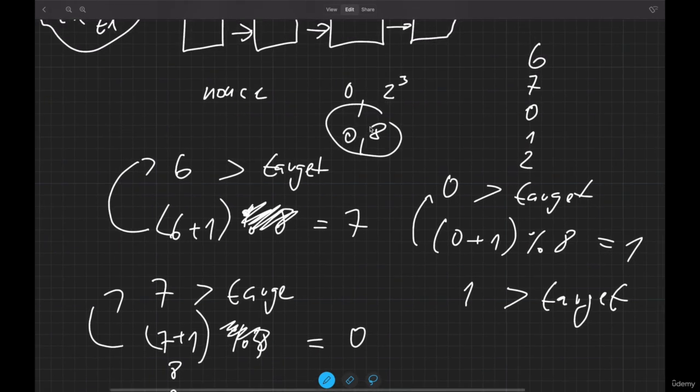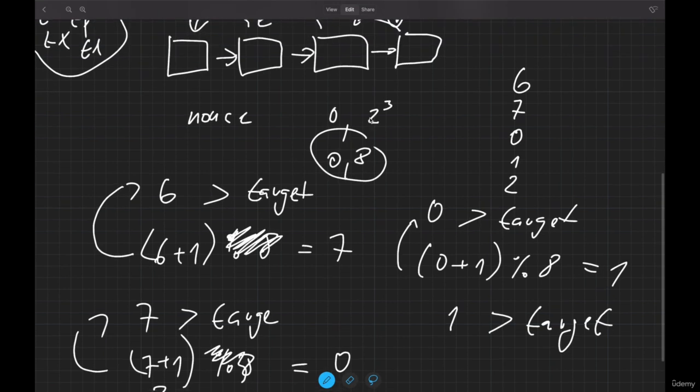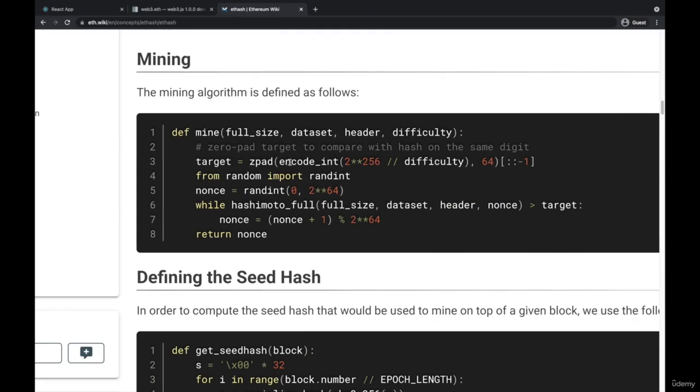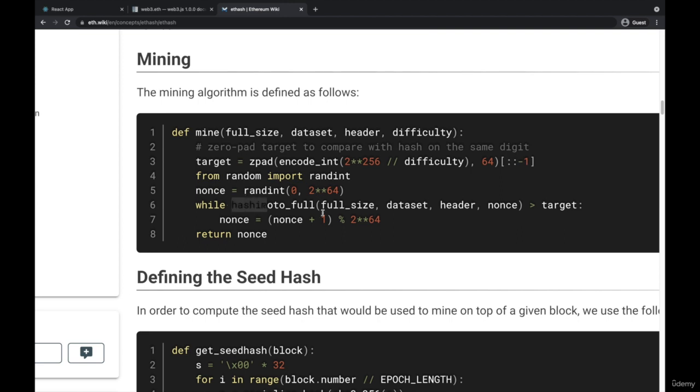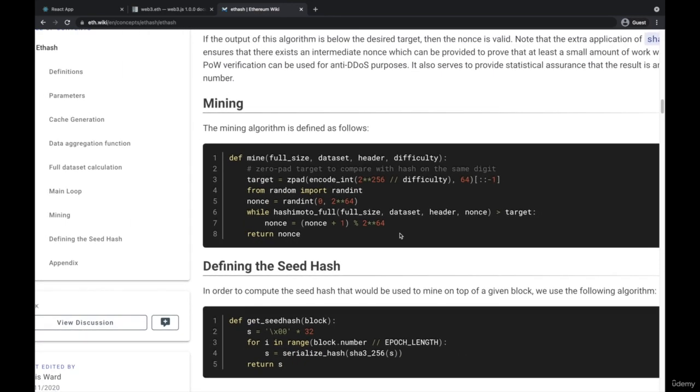That's outside of the interval of numbers, so of course we would produce wrong values. But guys, you don't need to understand these details. I just want to show you that this is not something magical, but a real algorithm running, looking for this nonce number and feeding it into other code. So that's the Ethash algorithm.